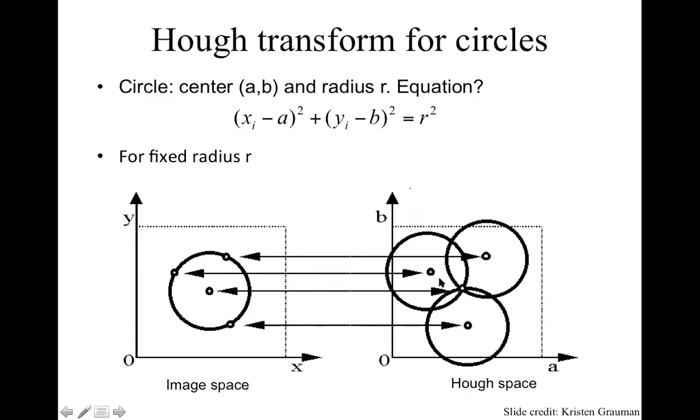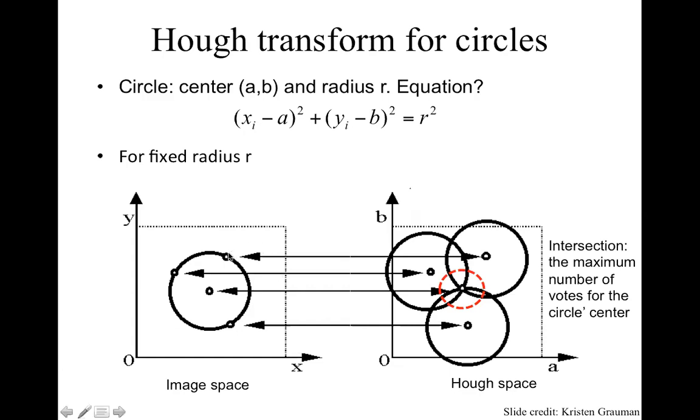Now, if you take the intersection of all these three circles, basically you'll find the point that will be the center of the circle containing, in the image space, all three of the edge points. So you have found here the point that is at the intersection of all the three circles.